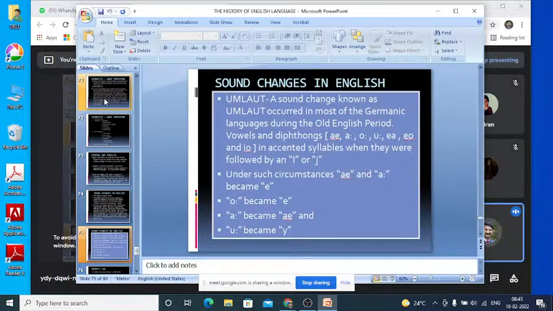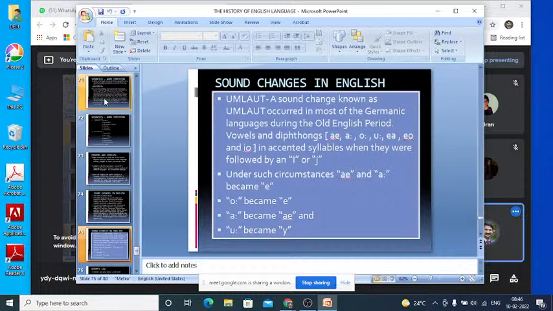After that you can write about umlaut, Grimm's law, and Verner's law. You can say that Grimm's law is about some consonant sounds of Indo-European. Similarly, Verner's law is an improvisation of Grimm's law. Both help us understand the association and relationship of the consonants among the Indo-European family of languages.